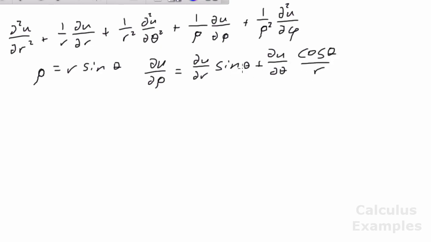So those were the last two pieces we needed, right? We needed to replace this rho, and we needed to replace this first derivative of u with respect to rho. I mistakenly said that we needed the second partial of u with respect to rho, but that was replaced in an earlier step. So these are our last two pieces. So our job now is to substitute them in.